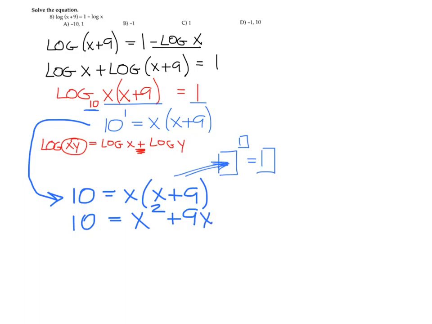What kind of equation is this starting to resemble? A quadratic, yes. So what can we do to finish this off, to put it in quadratic form?